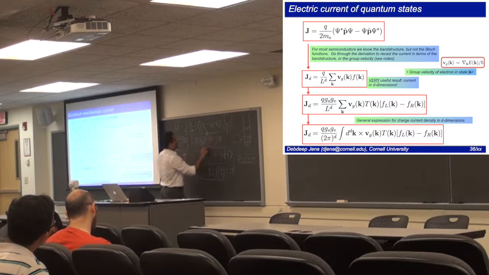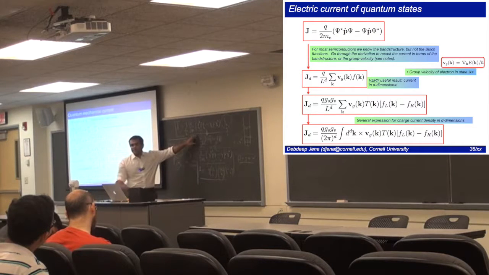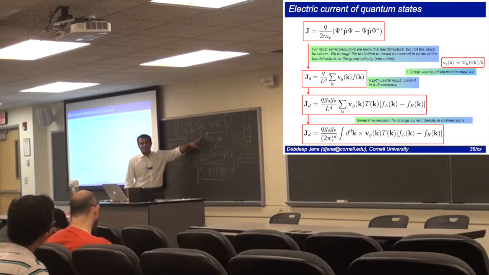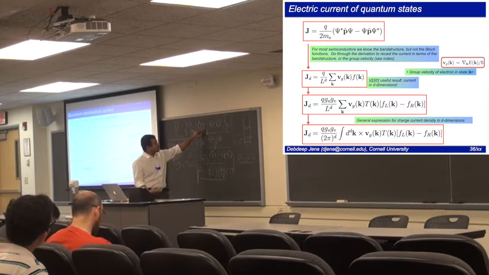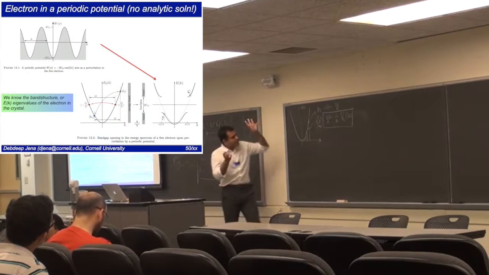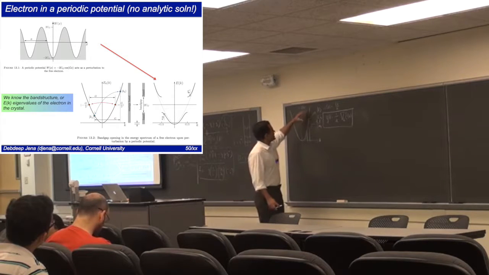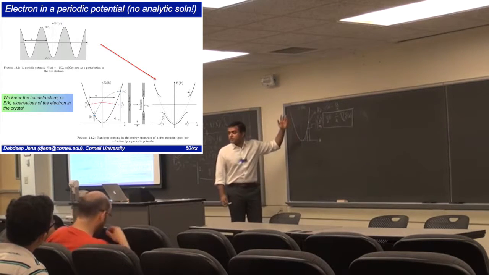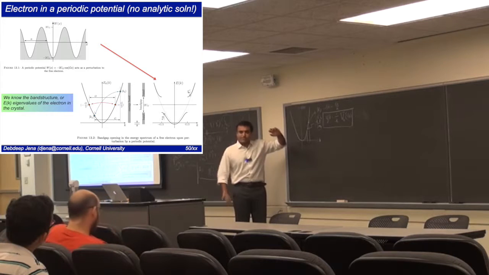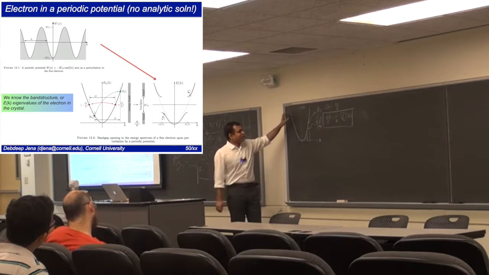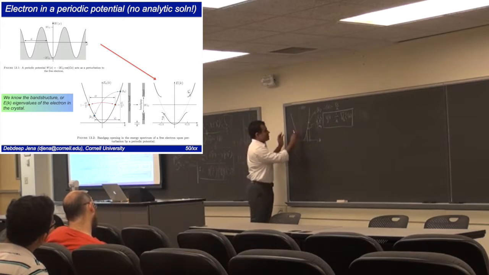Does that make sense? You can apply it to many situations, not just a free particle, right? And what we are trading off here is this: typically in many materials, metals, semiconductors, insulators, we do know from various measurements what E of K is. We know the band structure, right? From various experimental probes, so we know E of K for a metal, for example.